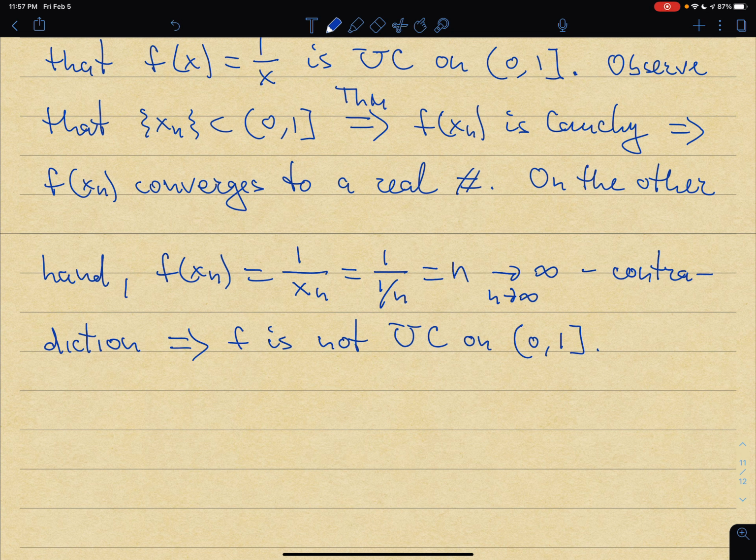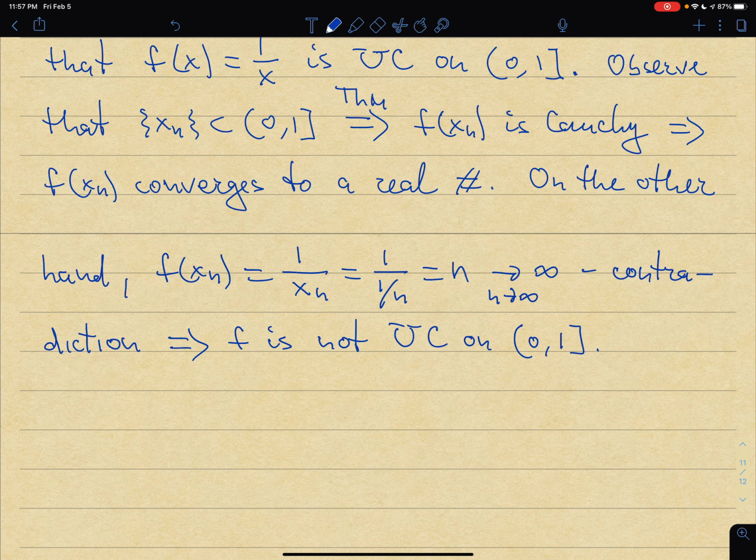So let's do an intermediate summary of what we just were talking about. We proved a theorem which said that if a function is continuous on a closed bounded interval, it must be uniformly continuous. So if I have a function on a closed and bounded interval which is continuous, I know immediately that it is uniformly continuous.